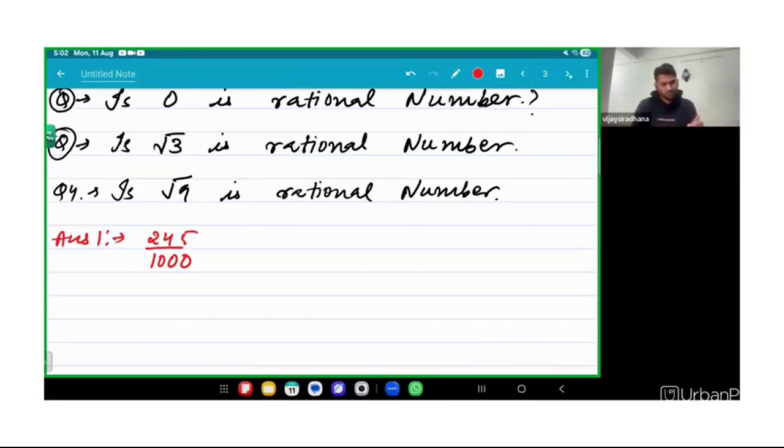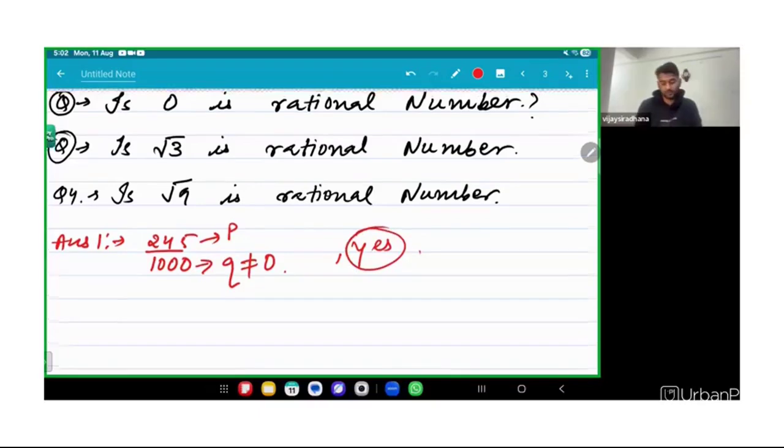Any issue? No, because it is nothing but 0.245 only. So 245 is p and q is 1000, where q is not equal to 0. So yes, this is the answer to number 1.